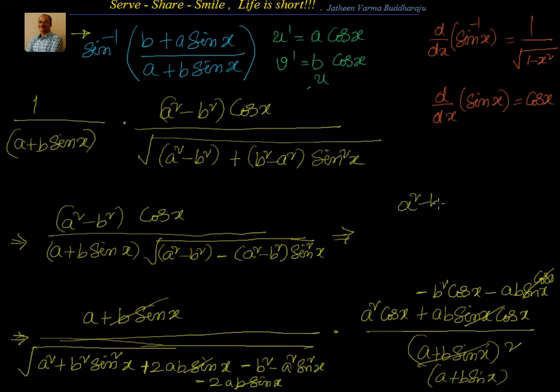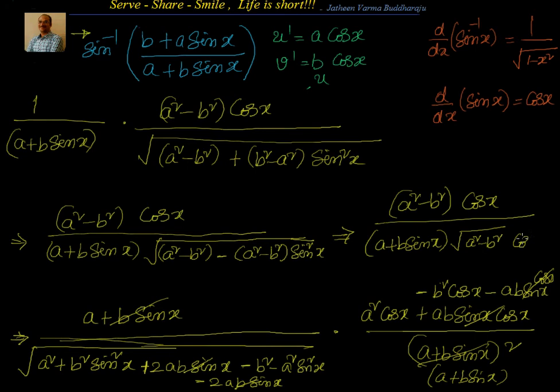So this becomes a square minus b square into cos x divided by a plus b sin x, multiplied with, I can take root of a square minus b square common, and I will be left with root of 1 minus sin square x, that is cos square x, so I can write it as cos x. If this is not clear, I will give you one more step here.